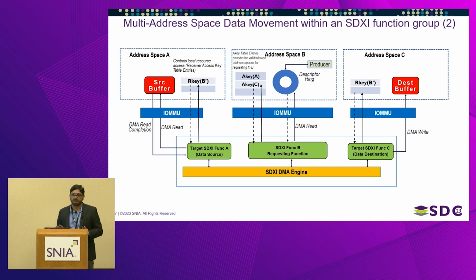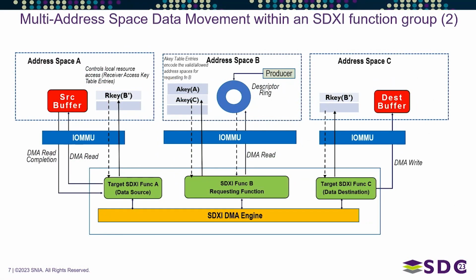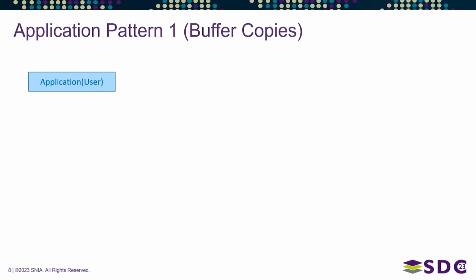You can do the same thing with a single address space system or a two address space VM to VM kind of data movement, where both VMs are trying to do data movement between each other. There are various extensions of this. Some of them want to do the same kind of example for host-to-host address space data movement, and we are working on this in the next versions of the spec.